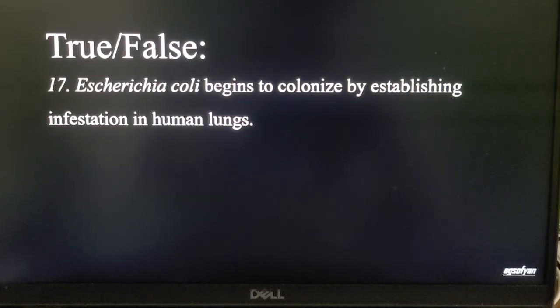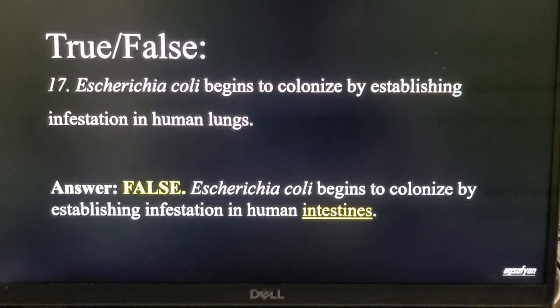Now, true or false. Escherichia coli, sometimes called E. coli, begins to colonize by establishing infestation in human lungs. True or false? It should be false. The name is telling you. Coli means colon. What is colon? Colon is the large intestine.